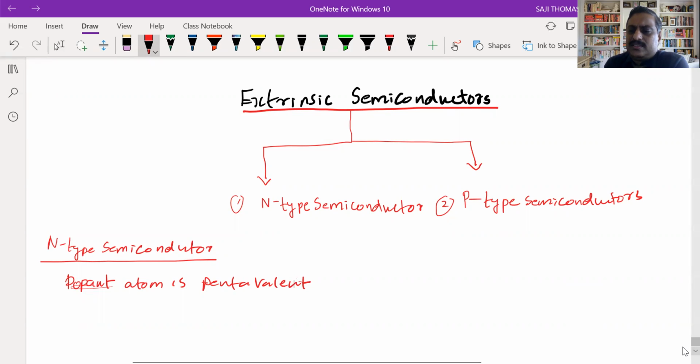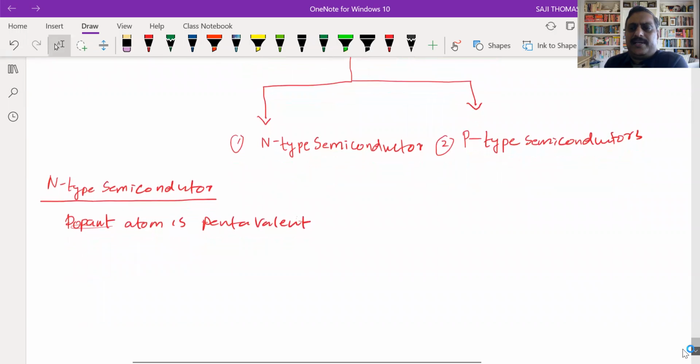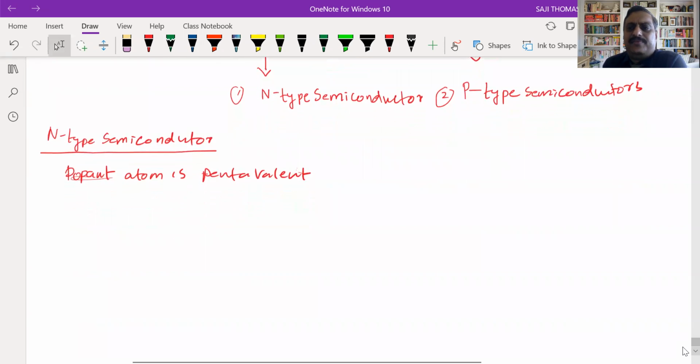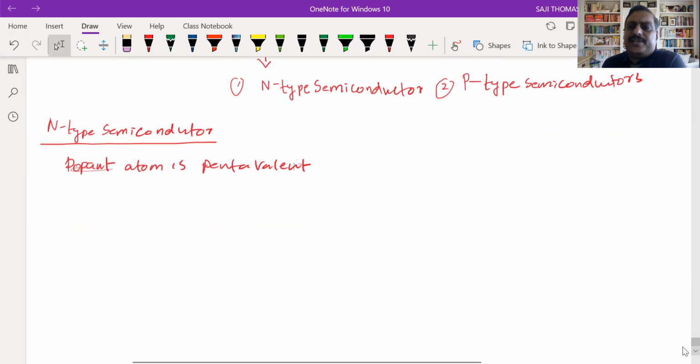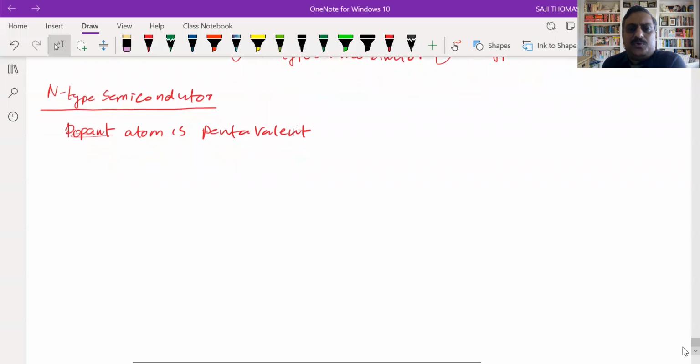And you know silicon is a pure semiconductor. When we add this pentavalent impurity to the silicon crystal, what is happening? We will see. You all know silicon has 4 valence electrons, valency is 4.